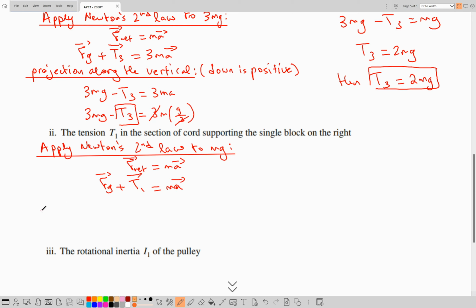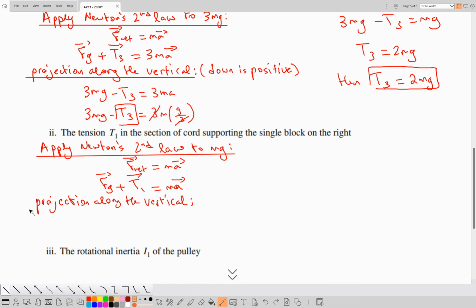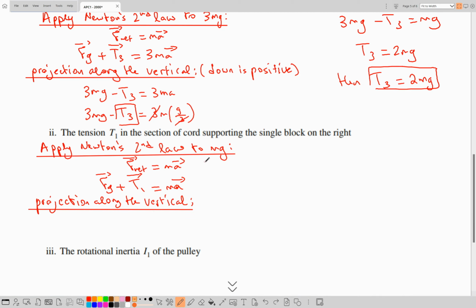And now this is a vector equation, we need to project it, so projection along the vertical. In this case, because the block of mass m is accelerating upward, we will say that up is positive.